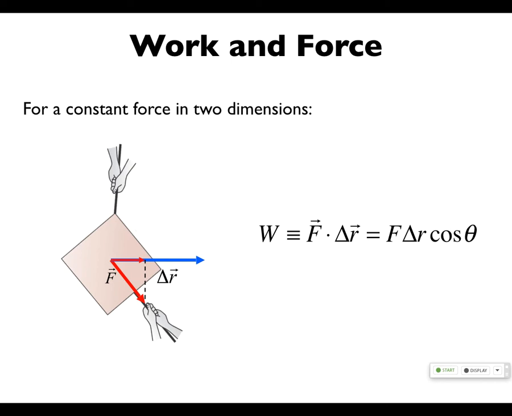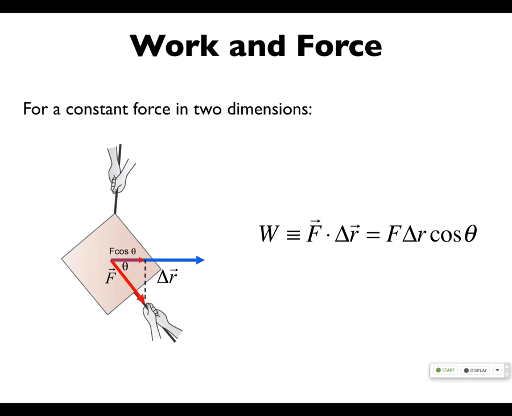You need the component of this force that points along this vector. That would be F cosine theta, all right? If you look at the work done by this person, then that's going to be F cosine theta delta R, okay? It's not their total force, it's just the force that's parallel to the displacement.